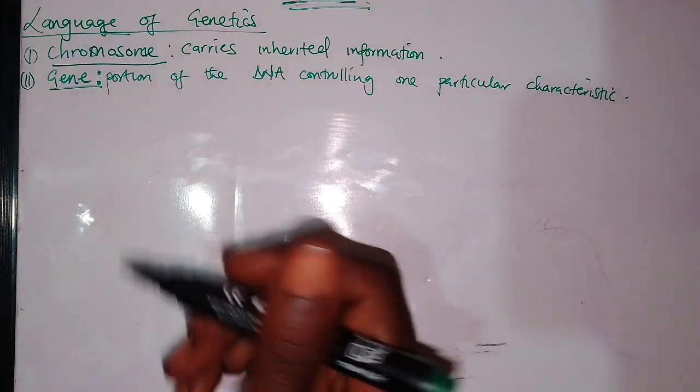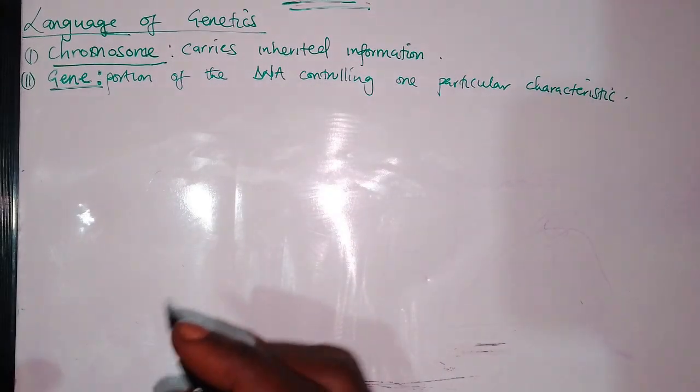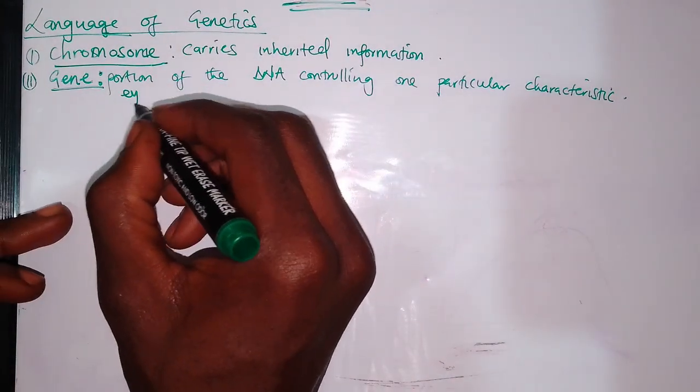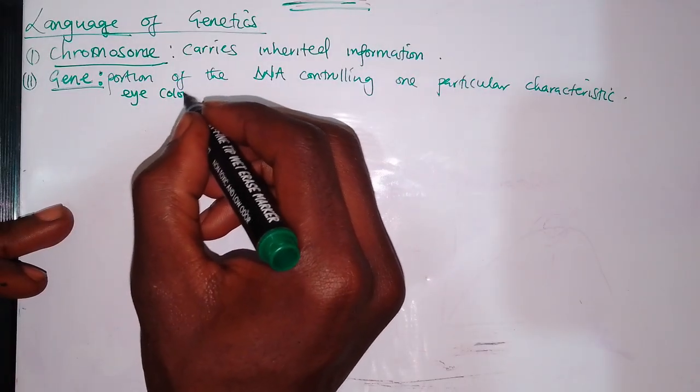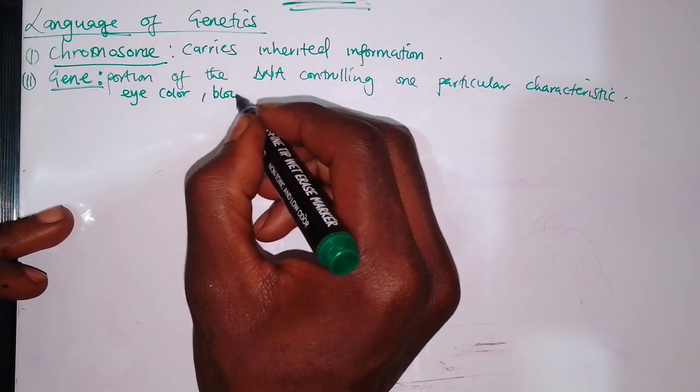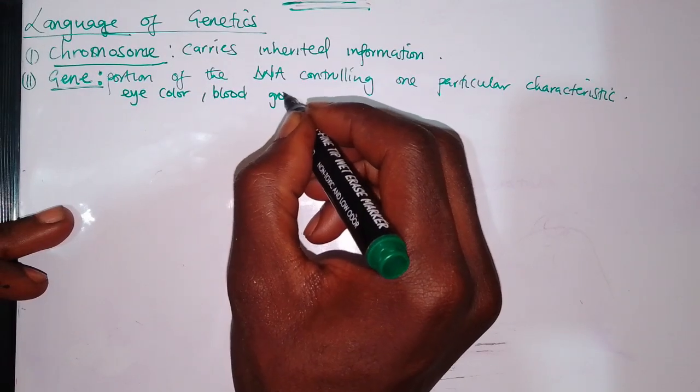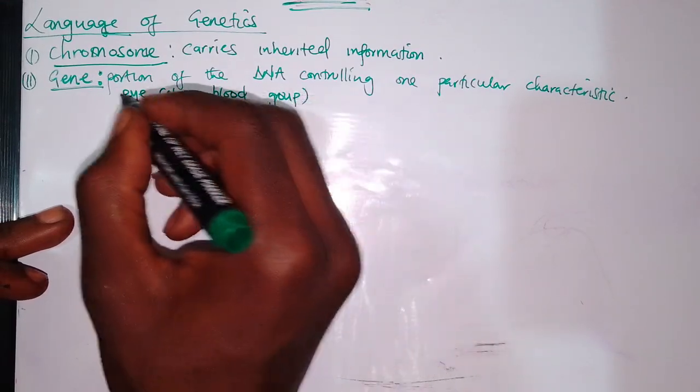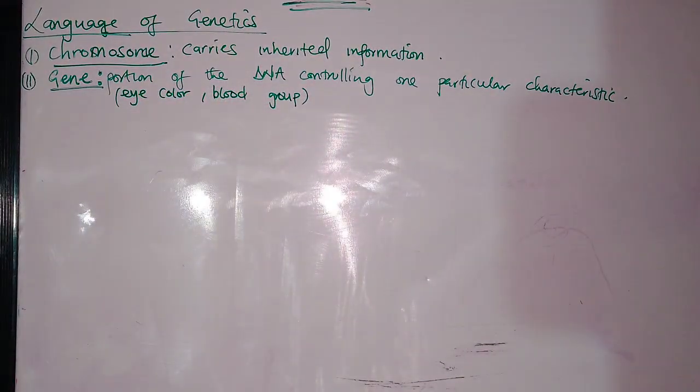What do we mean? This is the part which controls the eye color, blood group, even the body mass, if the person will be fat or thin. That portion that controls that is known as a gene.